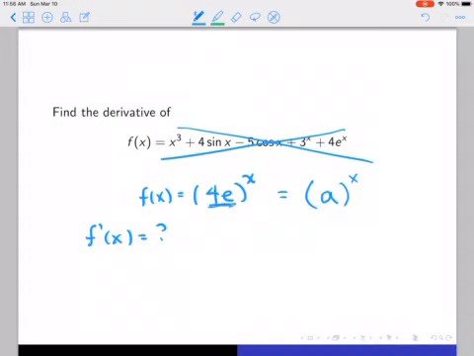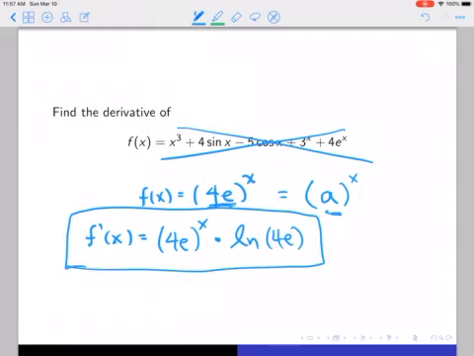So a is roughly 11 or something like that, whatever 4 times 2.7 is going to be. And so if we want to find our derivative, our derivative is going to be still that a to the x times the natural log of a. This is where I like to think of this a as being a placeholder for what's inside. And so now if I just go back and replace that, it's going to be 4e to the x times the natural log of 4e. And that's going to be our answer.